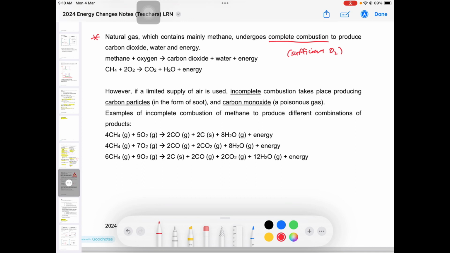Now if there is incomplete combustion, then that means that oxygen gas is insufficient, and you may also get other products like carbon in the form of soot and carbon monoxide, which is a poisonous gas.